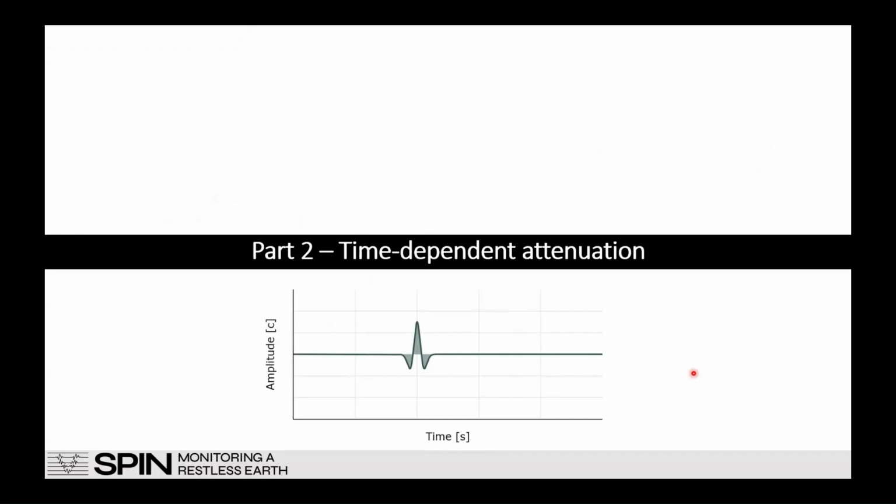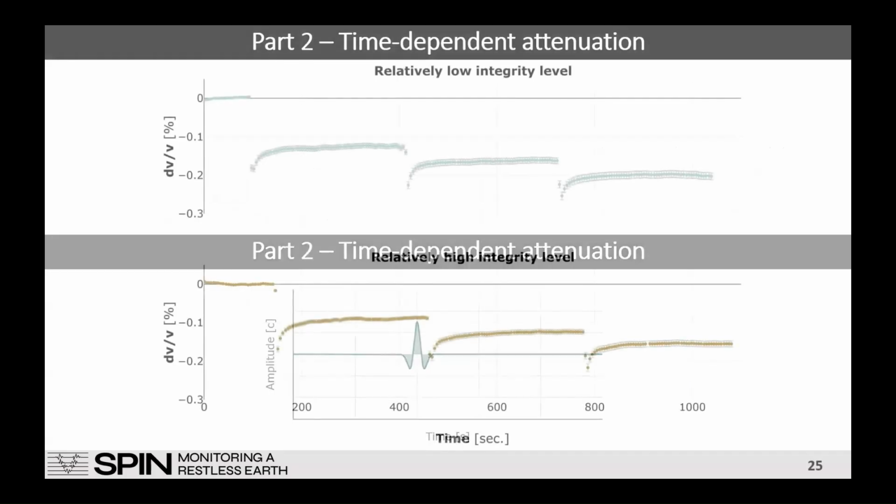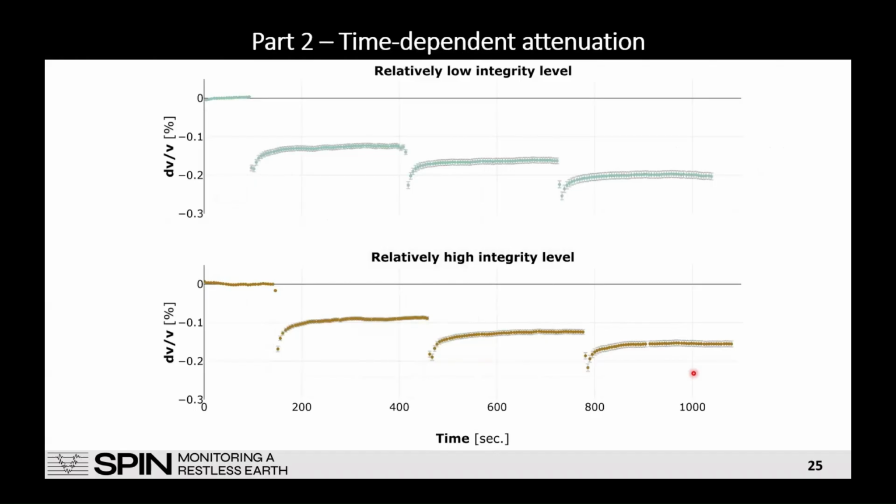Now it is time to analyze the time-dependent effects, so attenuation, what is happening in terms of energy content of the waves. And this is also quite interesting. Why? We have those recordings again. You've seen this plot many times. This is how it looks in low integrity level and high integrity level.